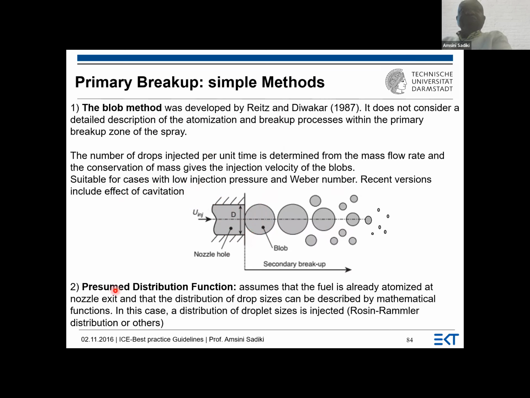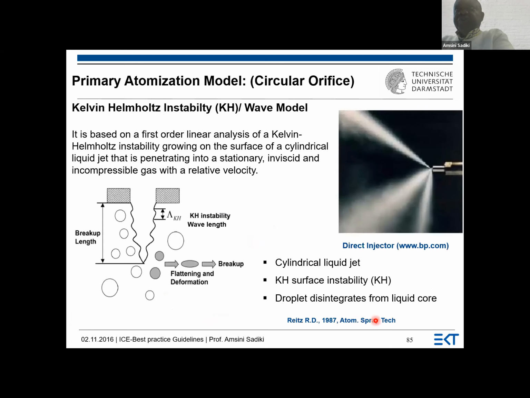We can also assume some distribution function, for example when we inject. One very used distribution function is the Rosin-Rammler distribution. I will give you an exercise on this tomorrow.